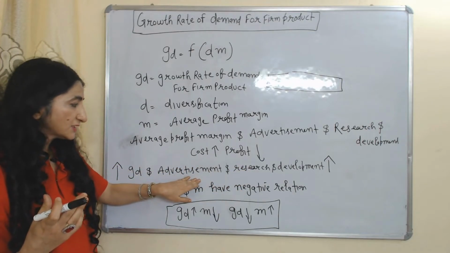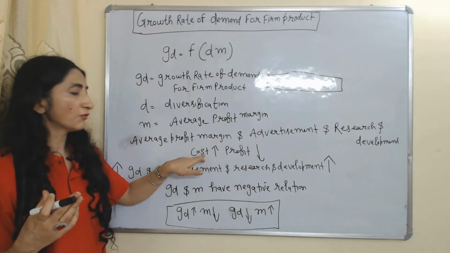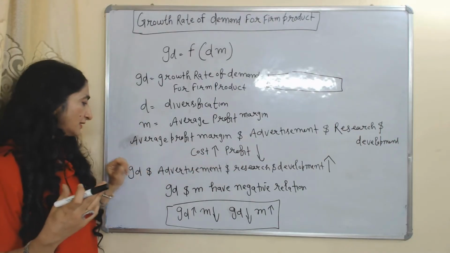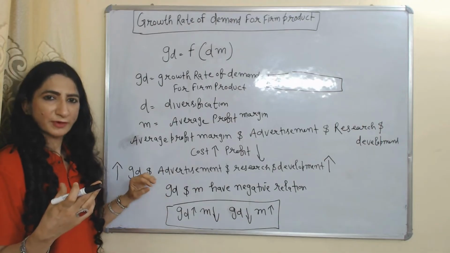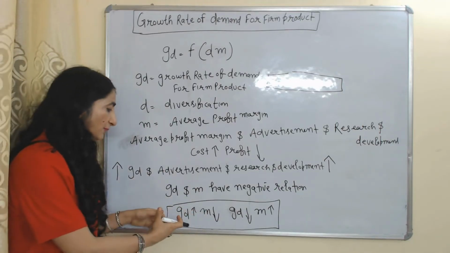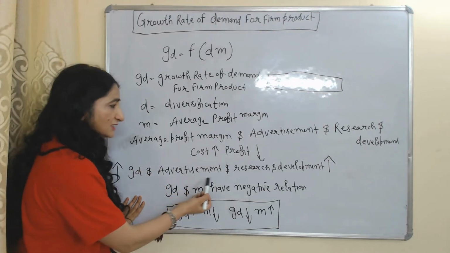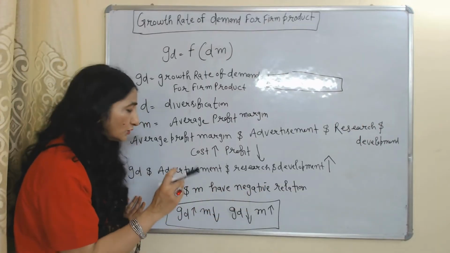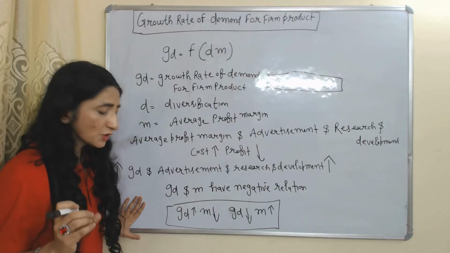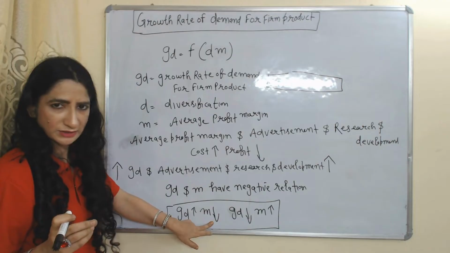But expenditure on advertisement and research and development will increase our cost. Obviously, when our cost increases, our profit falls. So we can say that the growth rate of demand for the firm's product and profit have an inverse relation, because when our product is growing, that means we are doing more expenditure on advertisement and research and development. But due to this expenditure, our cost is increasing and our profit is falling.